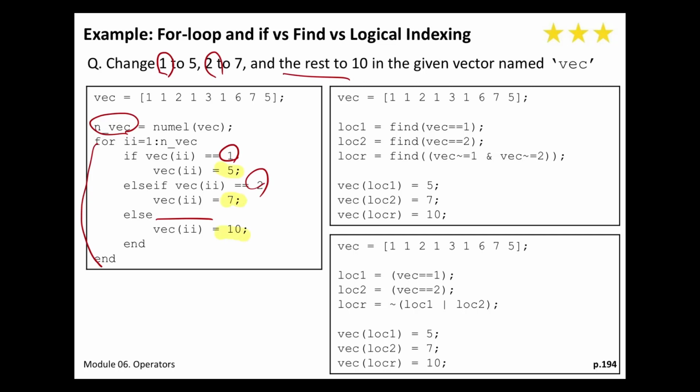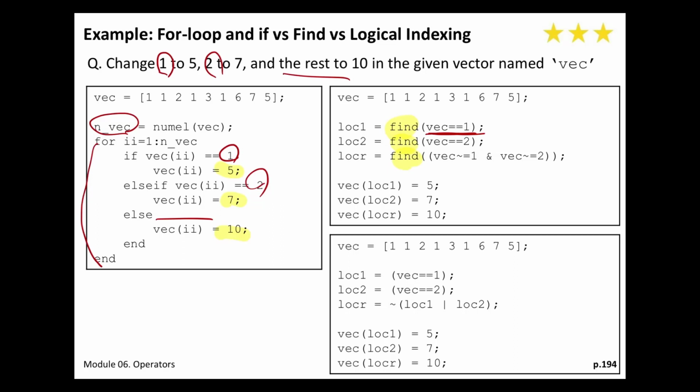Make sense? The second method is to find the location where we can change the value using find. Okay, so what is this one? Find out the location of, and assign the value in the location that satisfies this condition, right?